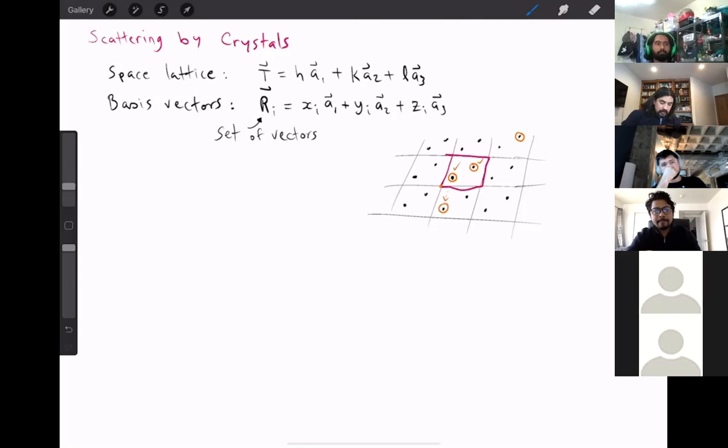T can take you from this one to that one, and so forth. In this case, i would be 2 because we have 2 atoms in a unit cell, so I would have values 1 and 2. Okay, excellent, that's very clear.